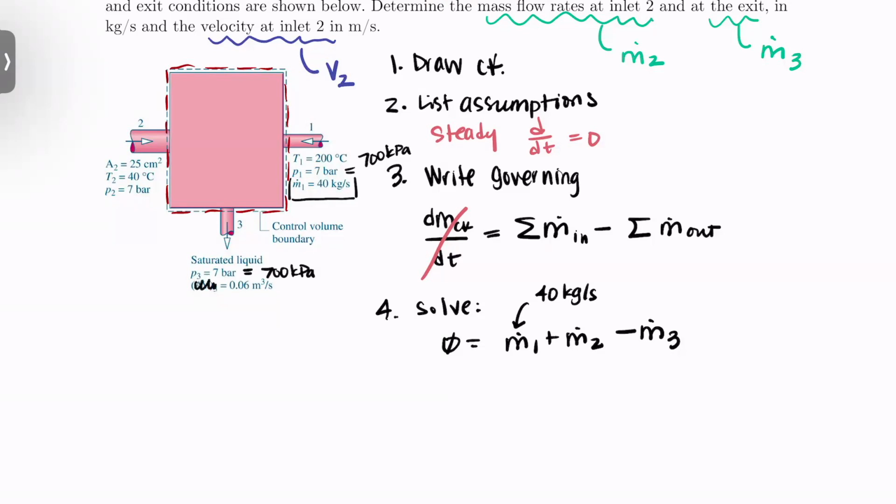Sorry, this is a typo. This should read that V dot 3 is 0.06 meters cubed per second. So just ignore that bottom line. Okay. On inlet 2, we have the cross-sectional area given to us and the temperature. And then we also have P2 is 7 bar, which is again 700 kPa. Okay.